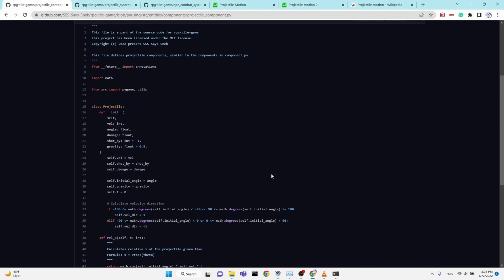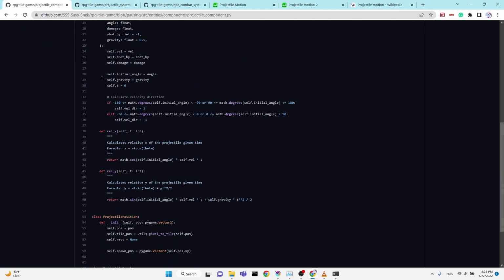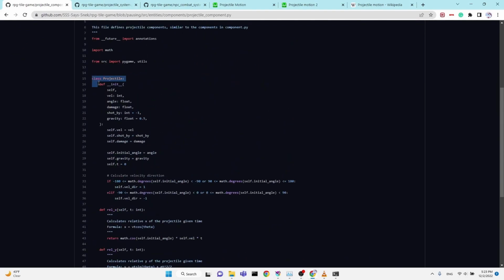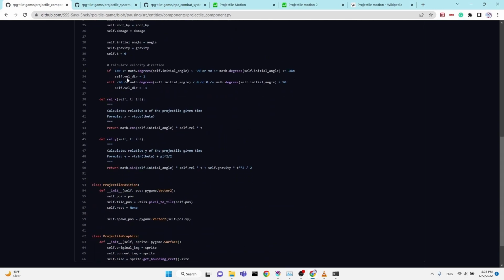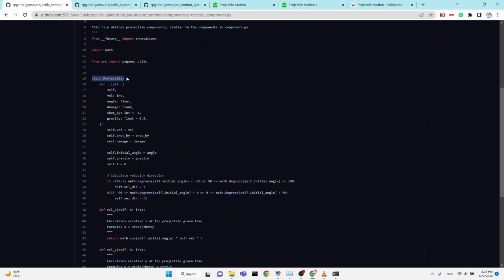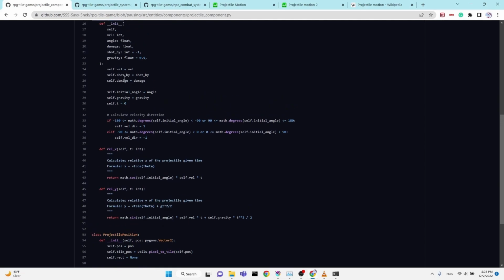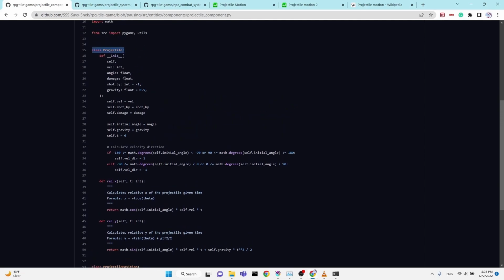So, now, in this file over here, we have a projectile, right? This projectile will be on every single projectile that we have. Every single projectile will have this projectile class, okay? Now, we have a velocity, okay, that's good.